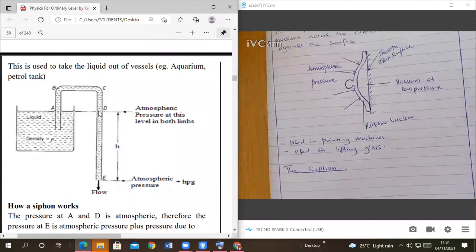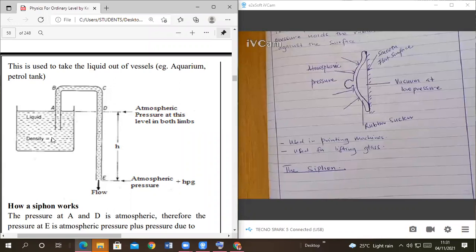We say that matter is anything that has weight, isn't it? And occupies what? Space. So this liquid which is here has got weight. Due to the atmospheric pressure acting on the liquid in this container that is elevated up, it pushes the liquid to rise through this tube.